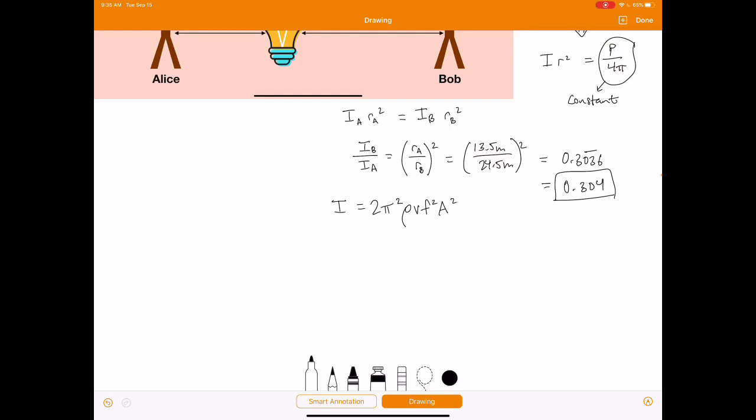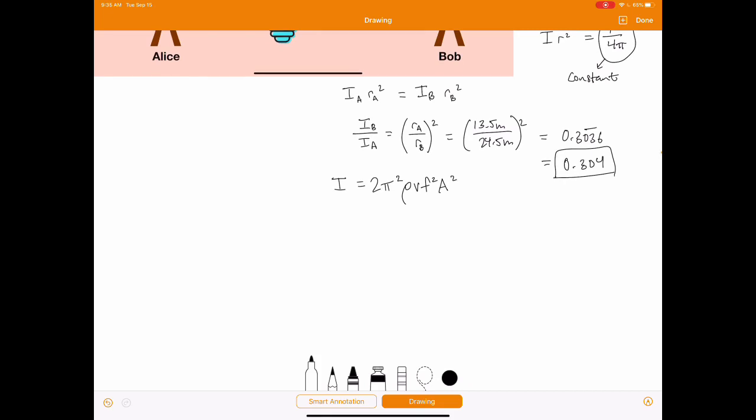Let's just focus on the fact that in this expression, we can divide out a squared to write this as 2 pi squared rho times v times f squared. And all of this here is just a constant, right? It's referring to the frequency of the light, the density of the medium, and the speed at which we're moving through the medium. This is all one big constant.